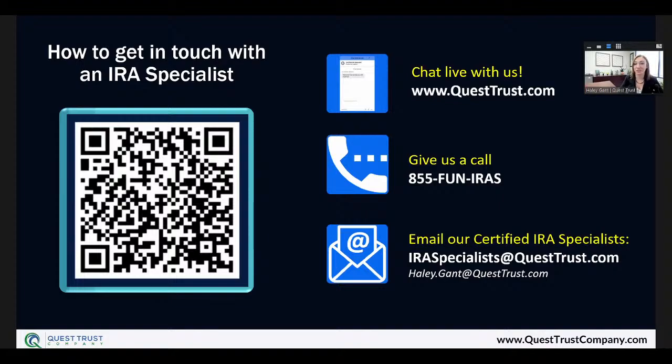I hope that this was helpful. I hope that if you guys are new to self-directed IRA investing, you take the information that you've learned today, you do some more research, you expose yourself to some of the other types of investment options that you truly have out there with an IRA. This is something that I really stand behind. As you guys can probably see, I'm very passionate about this.